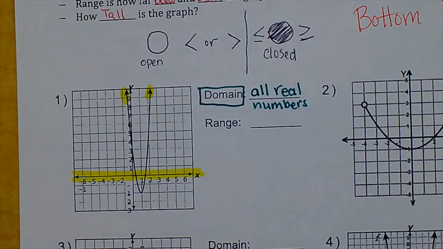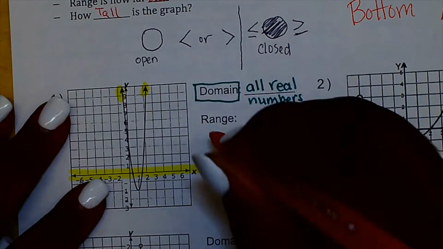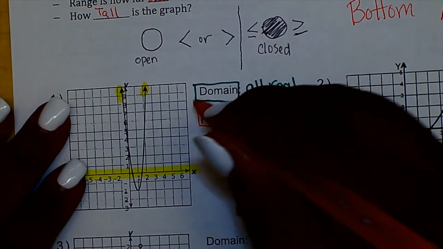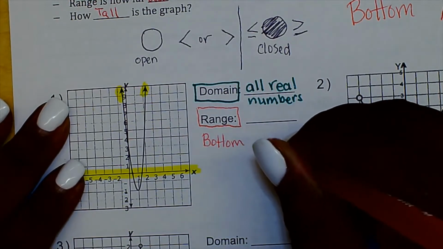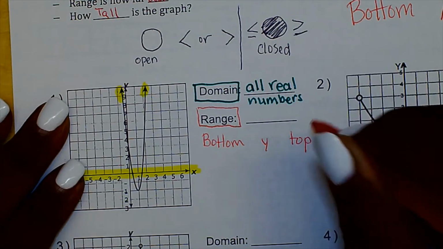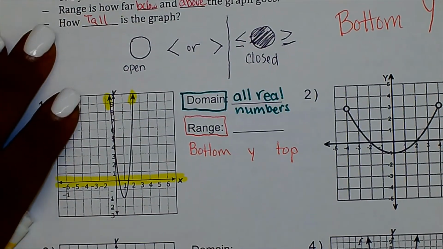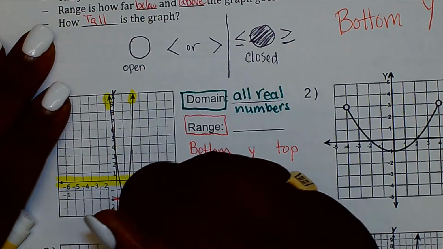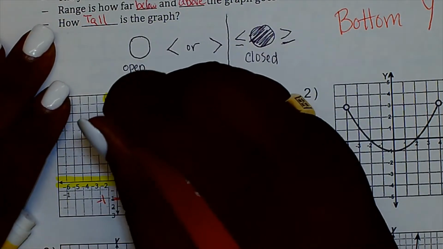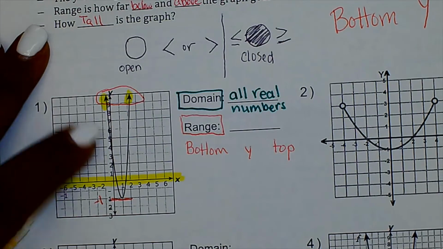The range, we read this from bottom to top. Alright, so the bottom value here is at -1. The top value keeps going on and on.